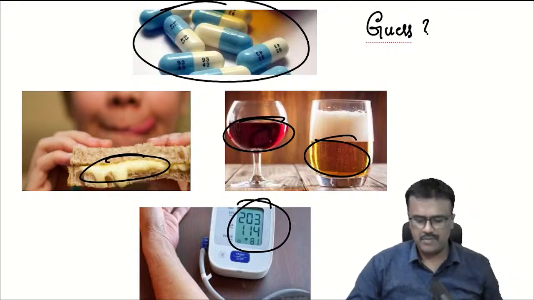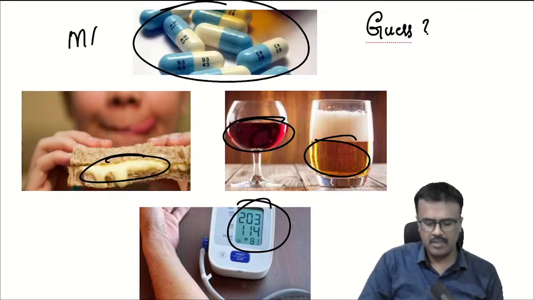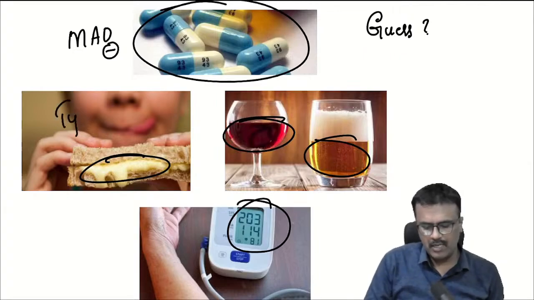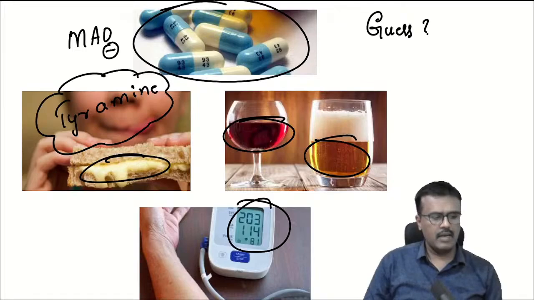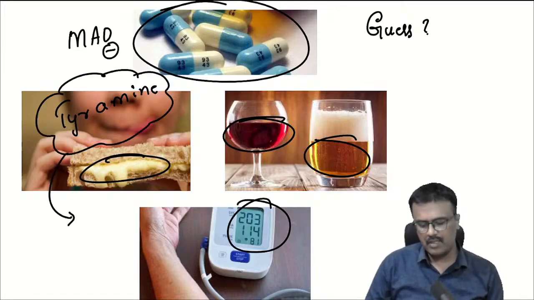Yes, you are right. So the patient is being treated for depression and he is on an MAO-A inhibitor. And eating cheese, wine and all, they increase tyramine in the blood, because tyramine won't get metabolized. And tyramine is an indirect acting sympathomimetic which increases norepinephrine and that increases blood pressure.